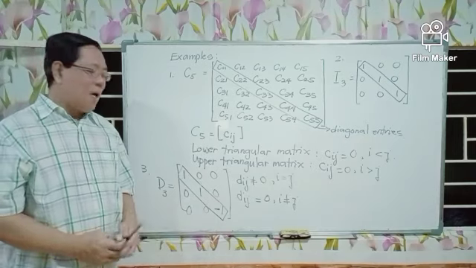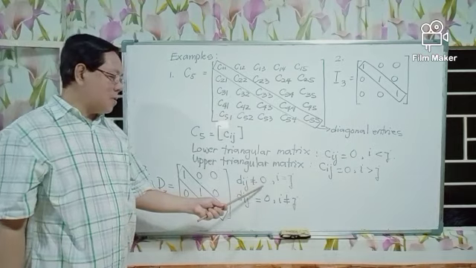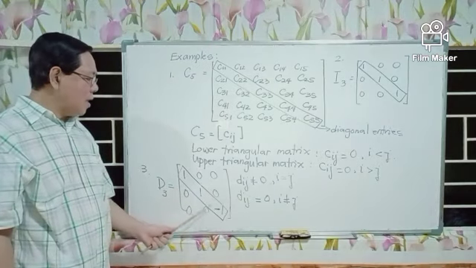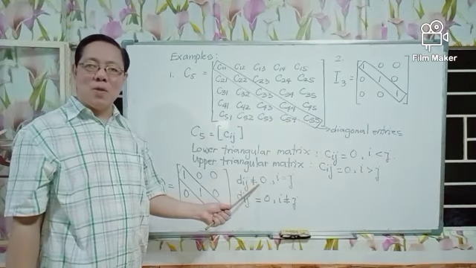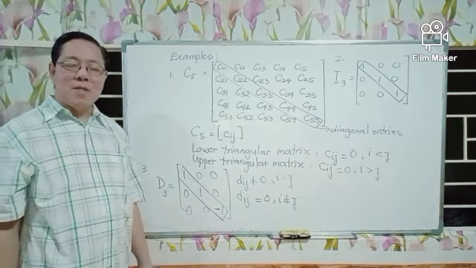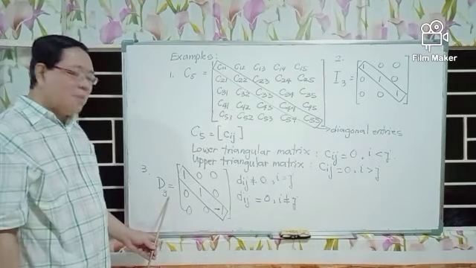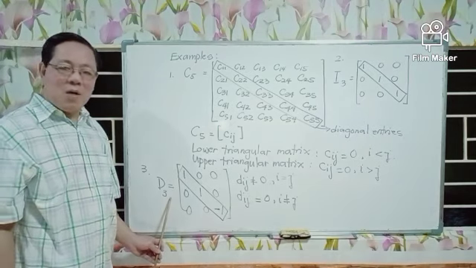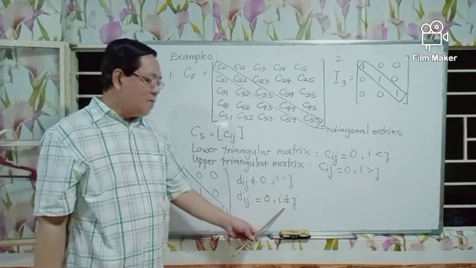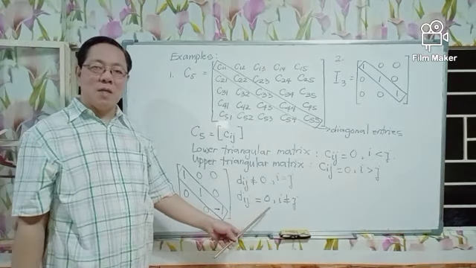In this particular example, the diagonal entries are not all equal to 0. For i equals j, we have the diagonal entries 1, 1, negative 1, and they are not all equal to 0. But these diagonal entries for a diagonal matrix may be 0. The only condition for a square matrix to be a diagonal matrix is that the entries d sub ij for i not equal to j, so these are the non-diagonal entries, must be 0.